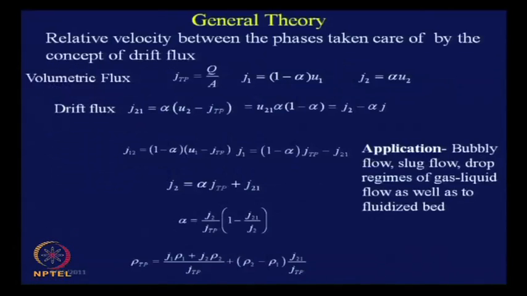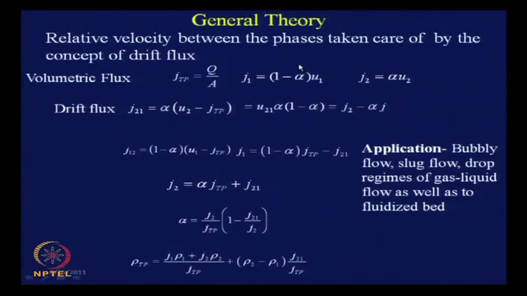Now, if you recollect the drift flux concept which we had already discussed, you remember that we had started with the definition of volumetric flux. Volumetric flux is just the volume flow rate per unit cross sectional area.